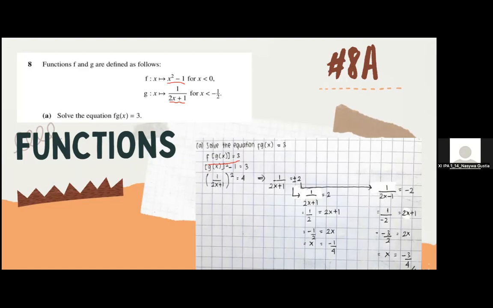And next we need to use the square root. So the square root of 4 is plus or minus 2. And then on this side, we got 1 over 2x plus 1.